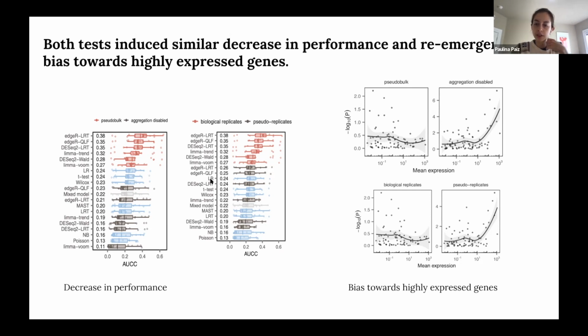And on the left is the bias towards the highly expressed genes. The more highly expressed the gene, the more significance is given when you're comparing, for example, pseudobulk to aggregation disabled, and biological replicates to the pseudo replicates. So you can see how the chart changes towards the end, demonstrating this bias. Okay.